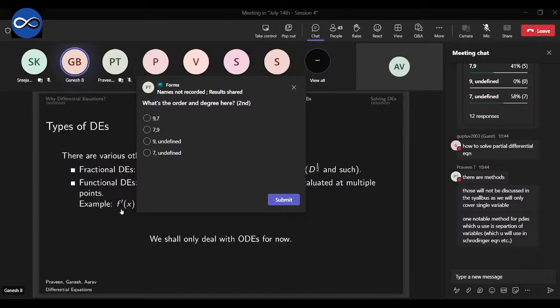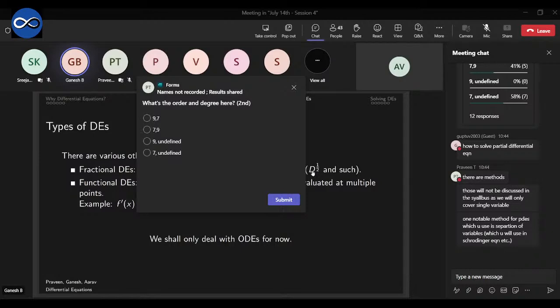And there are a couple of other differential equations you might not have heard of. One such is called fractional differential equations, and they involve derivatives like d to the half by dx to the half. It is something called D half. D here means d by dx. Okay? It's just an operator. We'll talk about it in session 2 in much more detail.